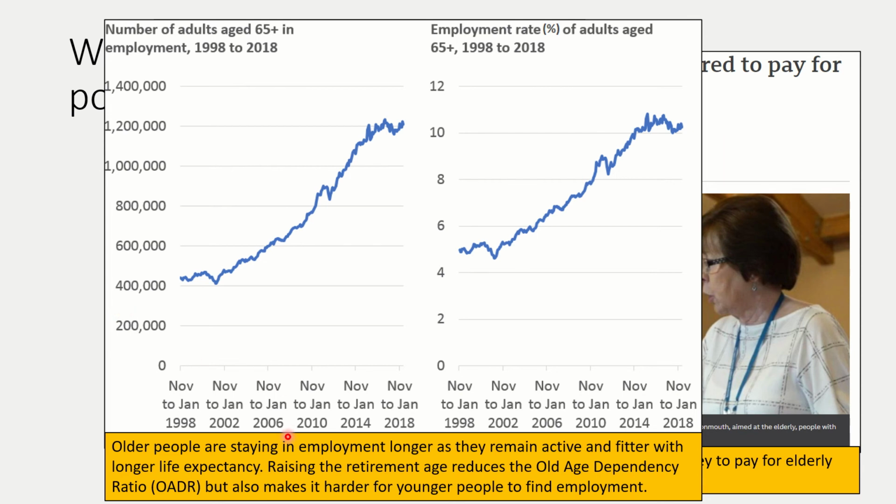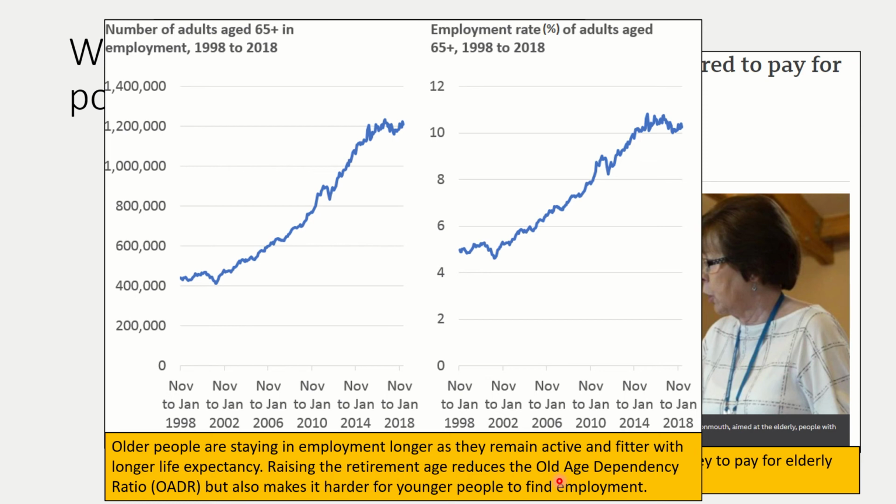For a start, by raising the retirement age, that means raising the age at which you retire, we reduce the old age dependency ratio. The old age dependency ratio is the number of people in a population who are considered older compared to the rest of the population. If that number of older people are dependent on the working population to produce tax to pay for their care, then they are dependent on that working population.